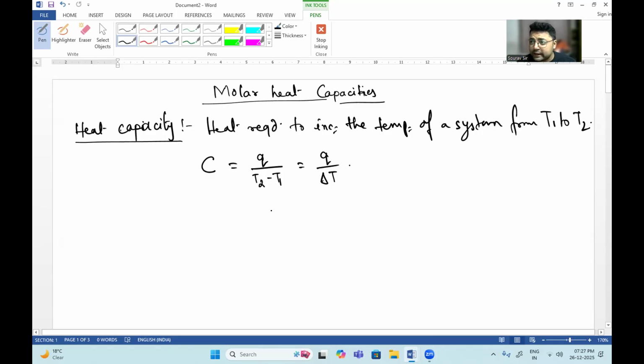Now, what about molar heat capacities? When we are talking about molar heat capacity, we need to recapitulate the concept of the change in internal energy and change in enthalpy.